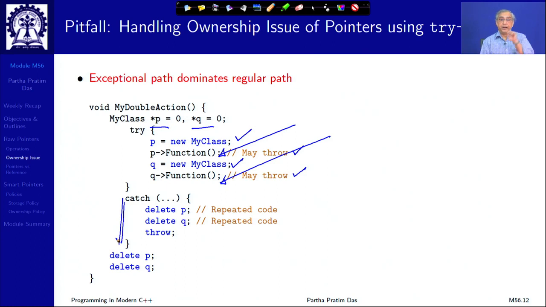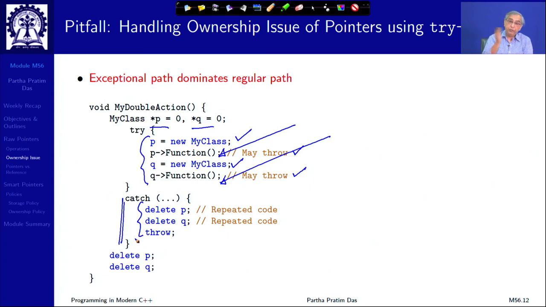Now, at this point, I have to release the resources that have been allocated within the try block. Otherwise, as I go out, these resources cannot be released further. So, I have to delete them.